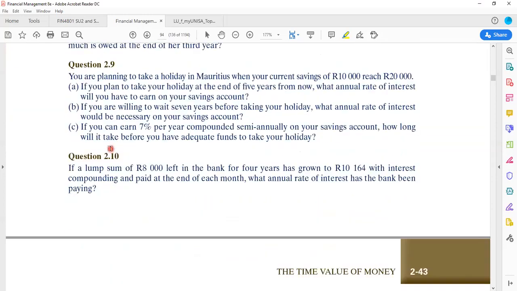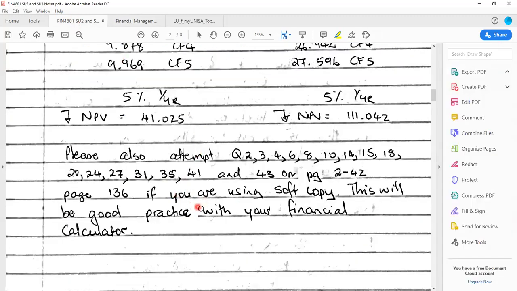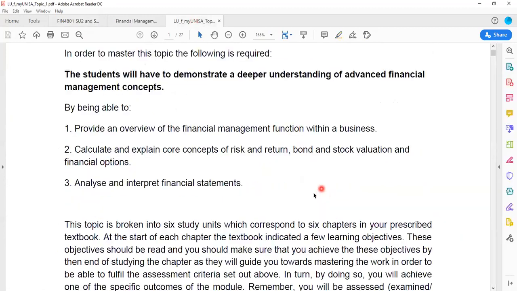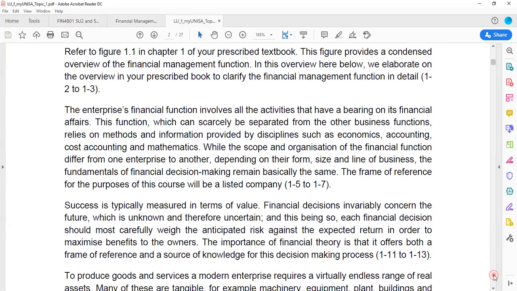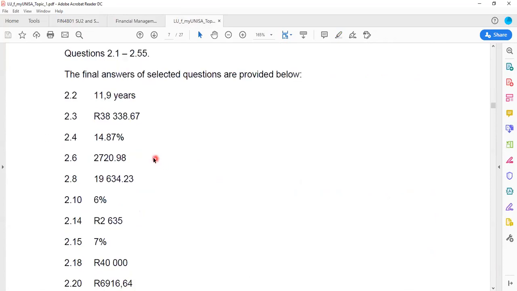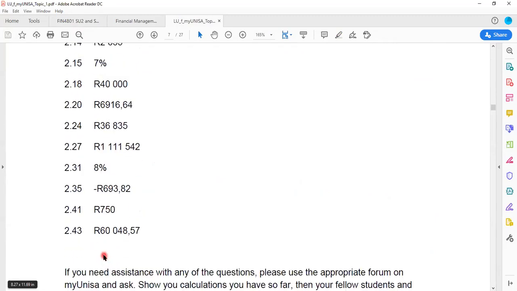They'll help you to become more familiar with your financial calculator. The solutions are found in your handout, I'm sure, under study unit 2. Here they are. Here are the solutions. If you don't have the handout, maybe you can just check your answers with these solutions that I've just been scrolling through.